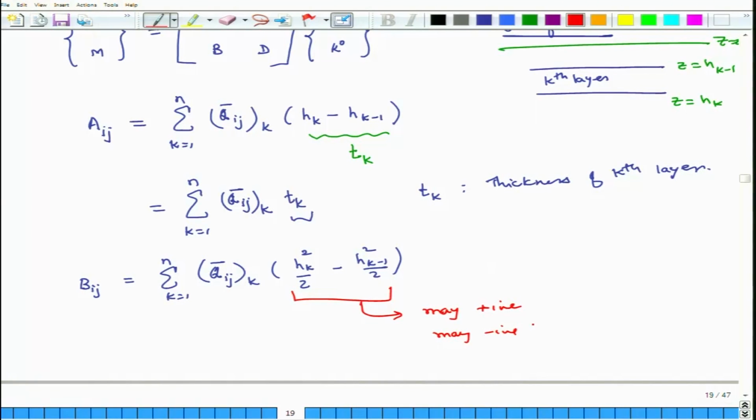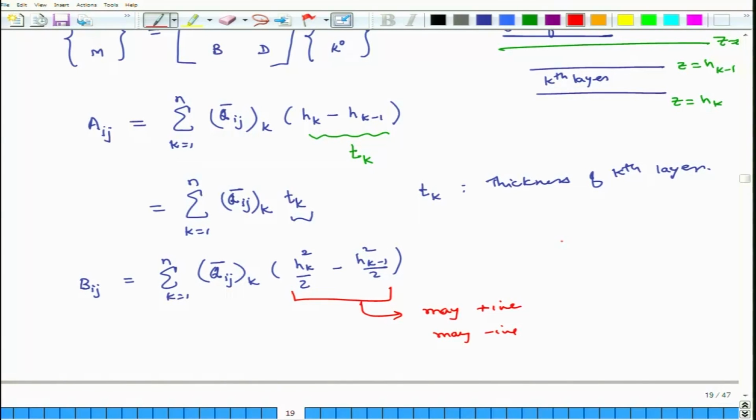It purely depends on the coordinates. Why? Because each of these terms is a positive number. hk square is positive, hk minus 1 square is positive. But if hk minus 1's absolute value is much larger than that for hk, then this can be negative. So, this term in parenthesis can be either positive or negative.